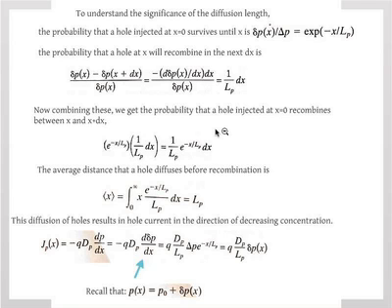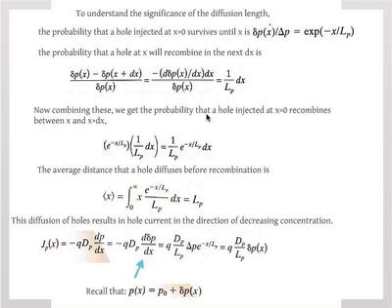You get that. Now we can calculate the average distance that the hole has traveled before recombining. I told you before that is the meaning of the diffusion length. Now we're proving it, basically. Okay? So this is the distance. This is the probability that the hole will recombine at x, if a hole injected at x equals 0 will recombine at some x. If you integrate this over all the possible values of x, you will get the average distance traveled by all the holes before recombining.